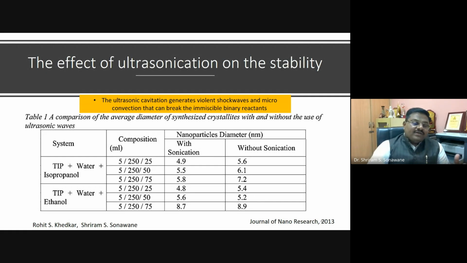So this is the case of titanium isopropoxide, water and isopropanol, titanium isopropoxide, water and ethanol, and with various combinations 5, 250 and 25, with sonication and without sonication. So the diameter or the length of the nanoparticle changes drastically with sonication and without sonication. Next slide.